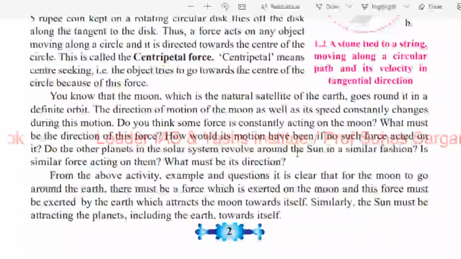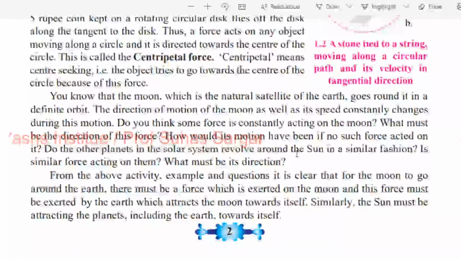Centripetal means center seeking, that is, the object tries to go towards the center of the circle because of this force. You know that the moon, which is a natural satellite of the earth, goes around it in a definite orbit. The direction of motion of the moon as well as its speed constantly changes during this motion. Do you think some force is constantly acting on the moon?